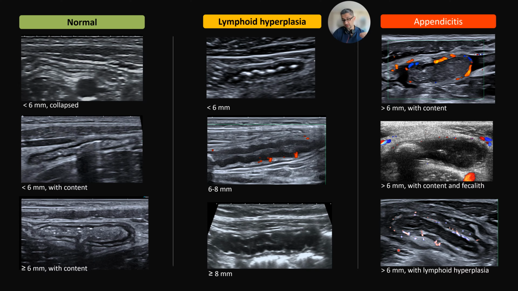There is no fecalith. The underlying pathology is most likely lymphoid hyperplasia, but there are secondary signs here. In this one, there are no secondary signs. In this group, there are usually secondary signs. In this group, there are no secondary signs.